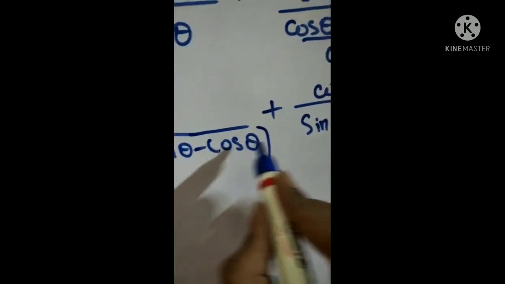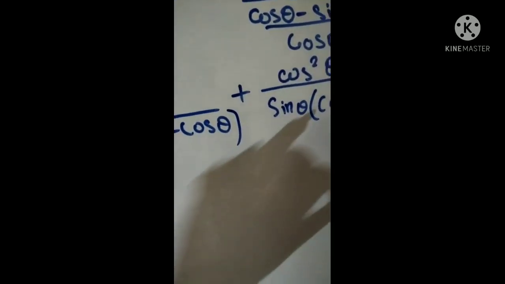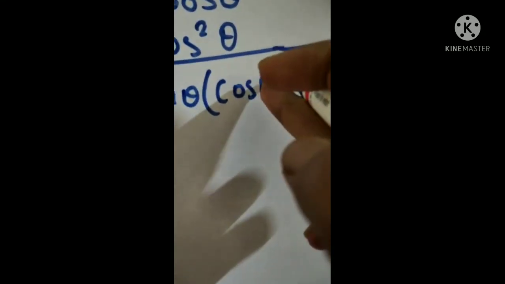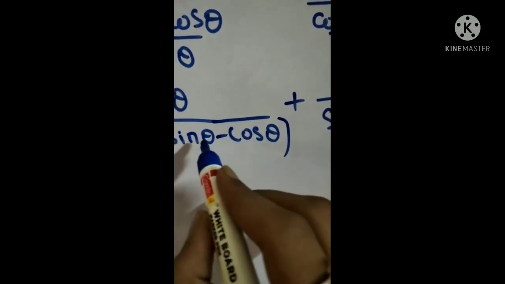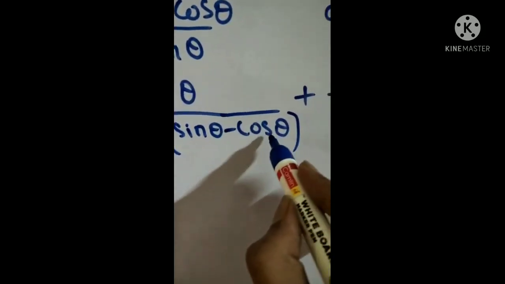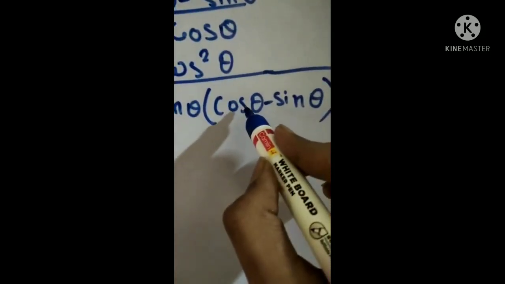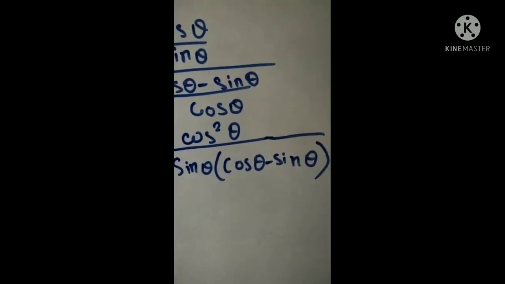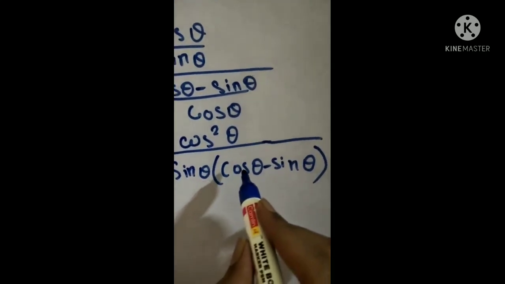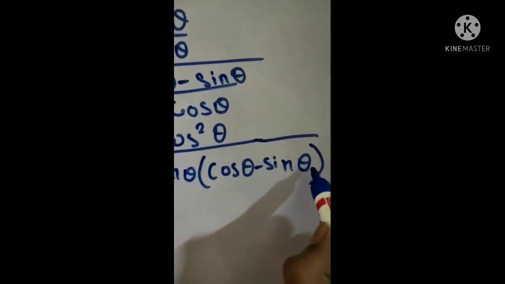That means we have to make these two the same, with sin theta positive and cos theta negative. Here we are seeing sin theta multiplied by cos theta minus sin theta.